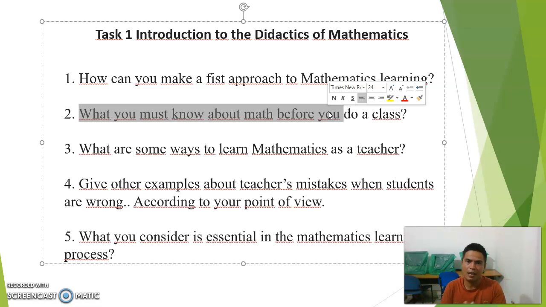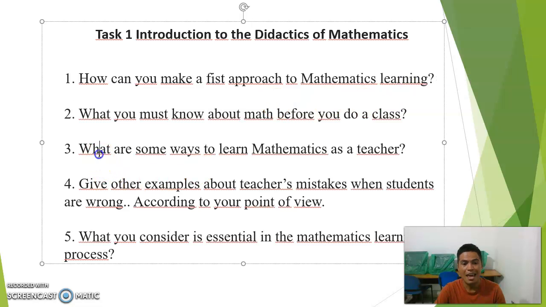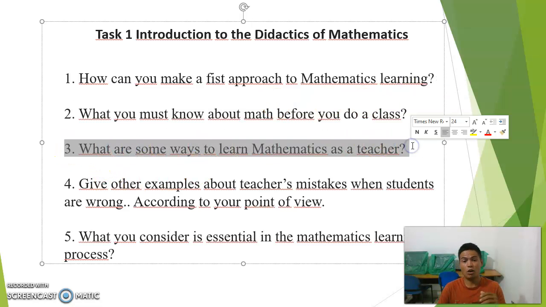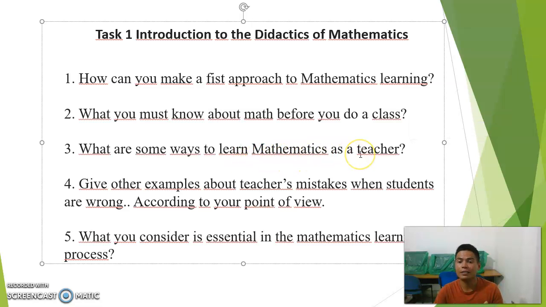Okay, so it depends on the general and specific context of the students to develop the specific strategies in the learning math process, or teaching math process in this case, because we are the teachers in the process according to the question. Okay, now the third question is, what are some ways to learn mathematics as a teacher?